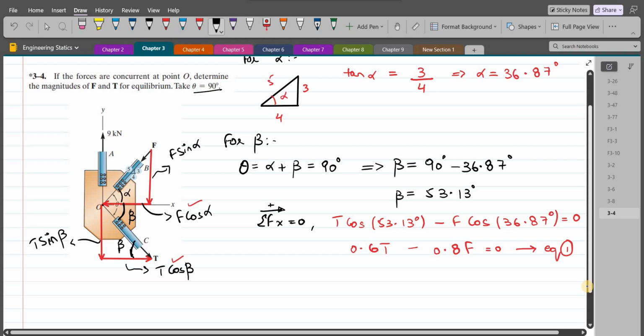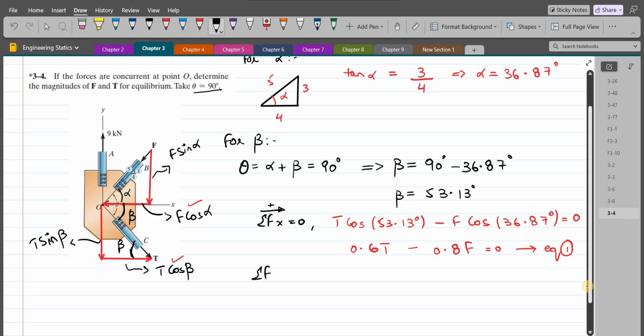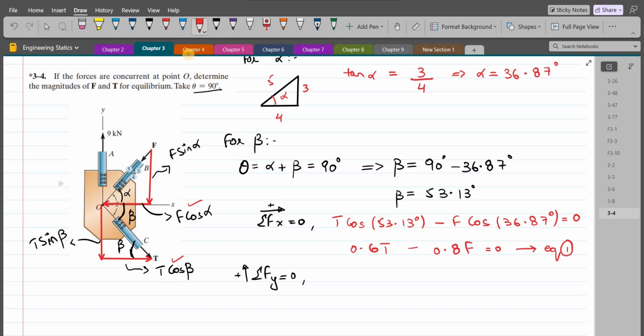So for my second equation, I have summation of forces in y direction equals 0. I am considering up direction as positive. So we have 9 kilonewtons minus F sin alpha, and alpha is 36.87 degrees, minus T sin beta, and beta is 53.13 degrees, equals 0.